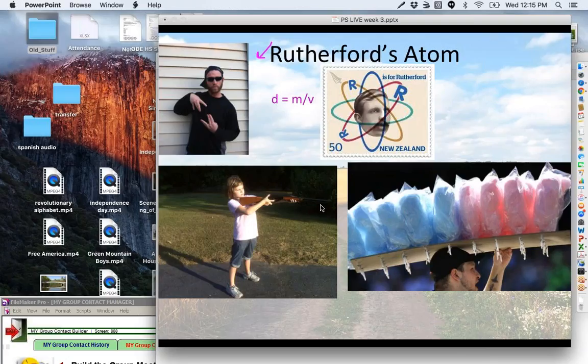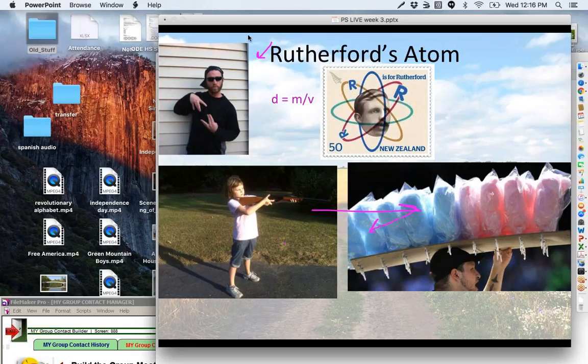Instead of going straight through the cotton candy like you'd expect this BB to do, some of those particles bounced back. So he said there must be something different about the structure of the atom. It must not be like a plum pudding. Perhaps if you took cotton candy and squished it into a tiny, tight ball, it could begin to deflect some of these BBs.